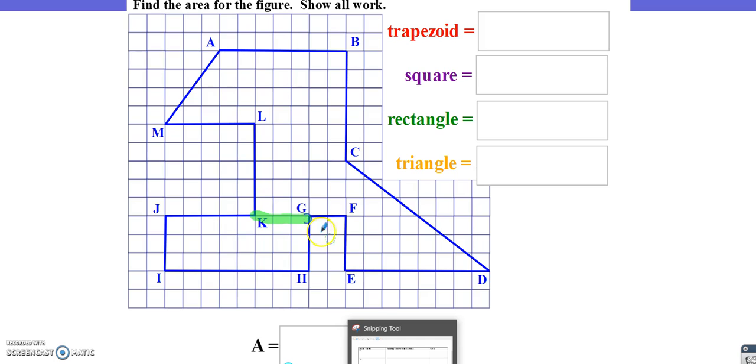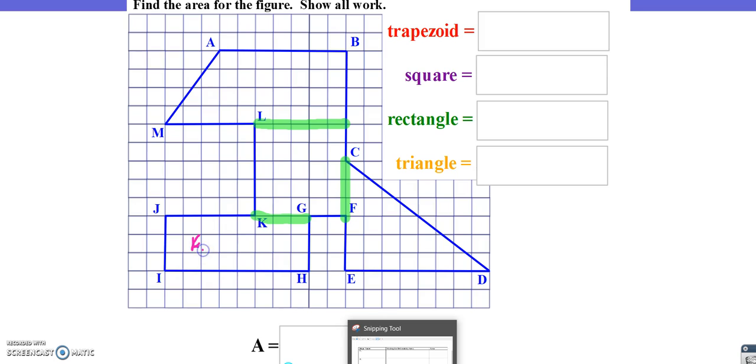So if I draw this segment here, I've created a rectangle. I can draw this segment here to create that triangle, and then closing off this gives me a square in the middle with a trapezoid on top.